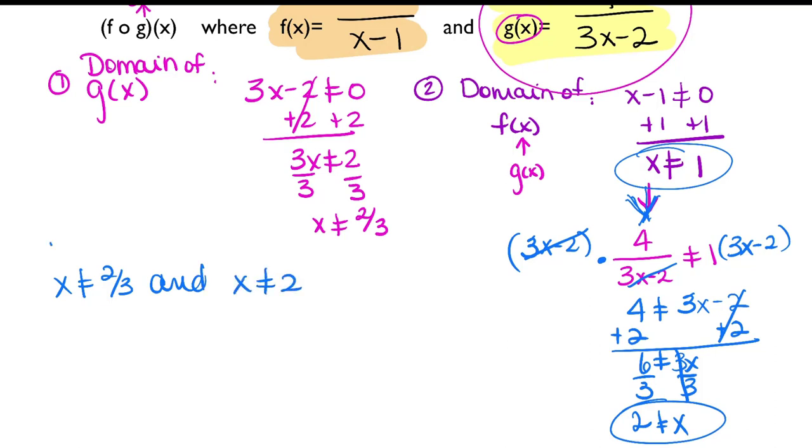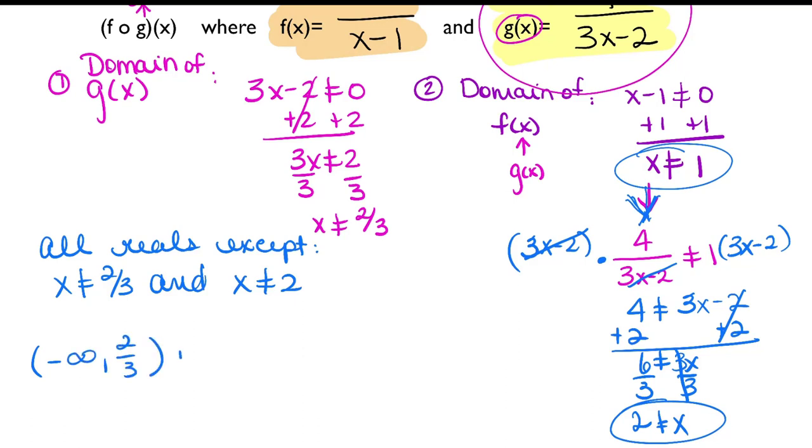So it's all reals except 2/3 and 2. Now, if we want to write that in interval notation, it's all numbers from negative infinity to 2/3, union with all numbers between 2/3 and 2, union with all numbers between 2 and infinity.